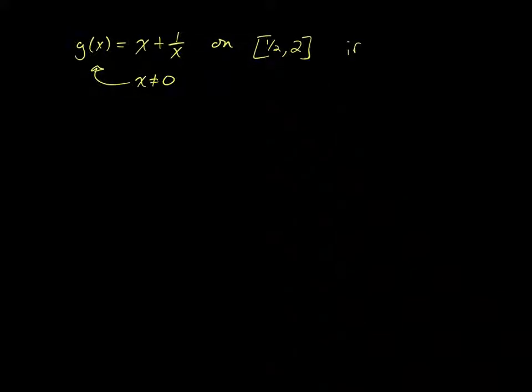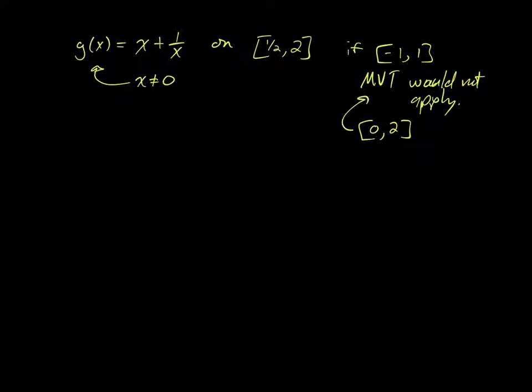So if the interval were -1 to 1, then the MVT would not apply, because the function is not continuous on the interval. Even if it were 0 to 2, the same thing. The mean value theorem would not apply for either of these intervals because the function is not continuous when x equals 0.